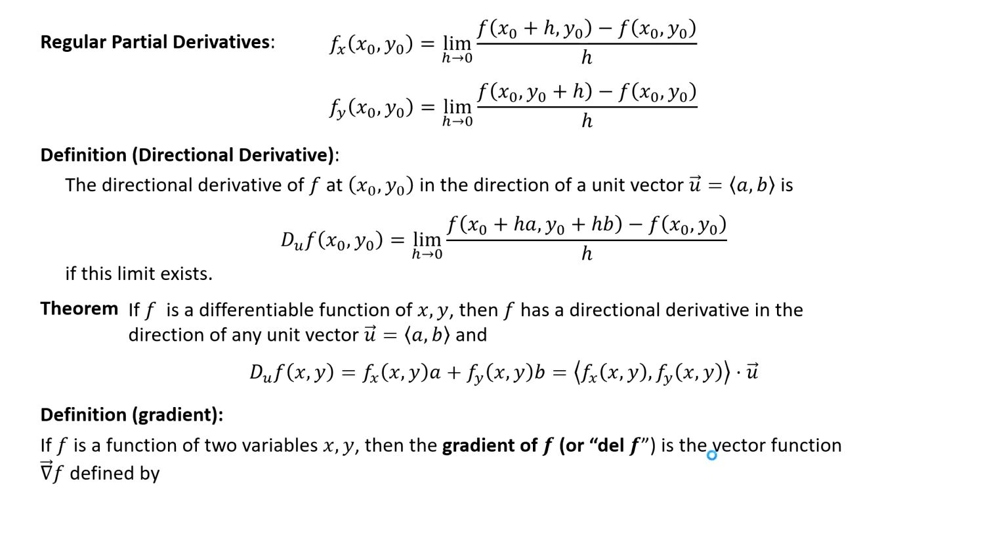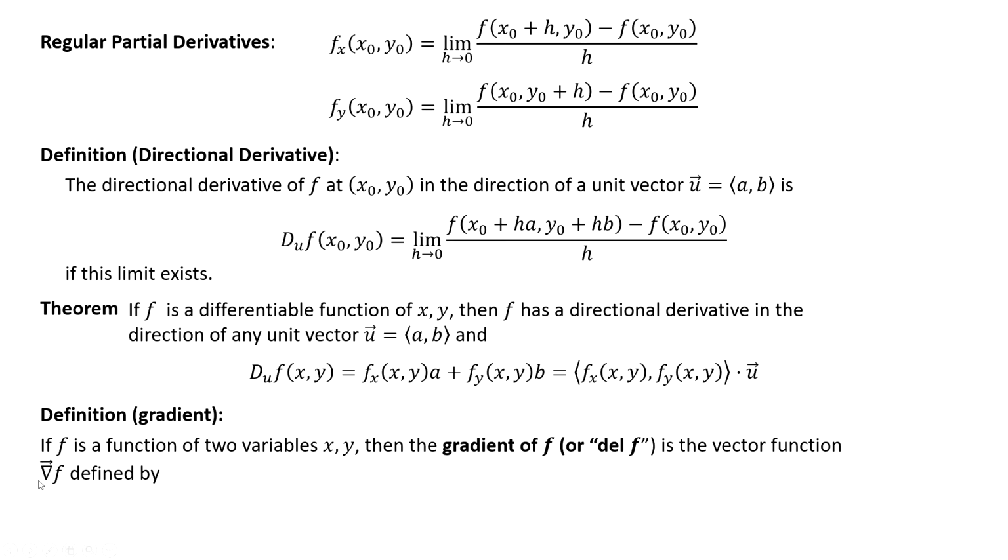And then there is a special operator that we use, just like the partial derivative was a special operator, the partial symbol. There is another thing called del, or gradient it is called. If f is a function of two variables x, y, then the gradient of f, or people call it del f, is the vector function del f.